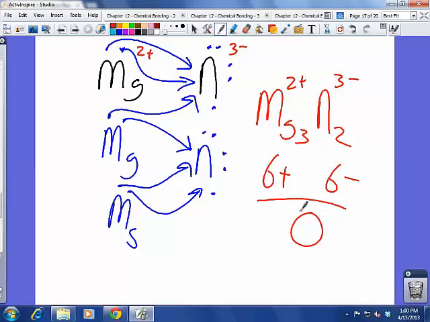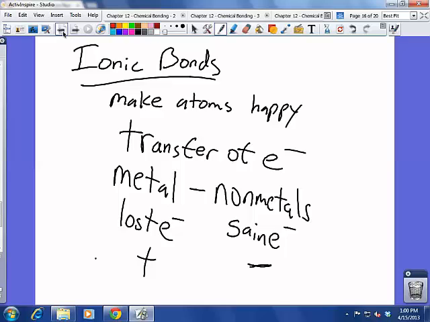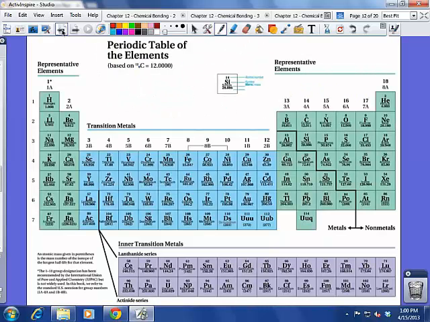If we go back and look at the periodic table, all these in group 1 have 1 valence electron. What's most likely to happen to that 1 valence electron? Lose it. And what charge would it have if it lost it? +1. What about group 2? If I have 2 valence electrons and I lose 2 of them, +2.